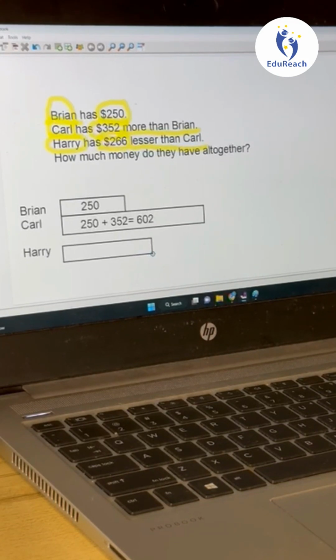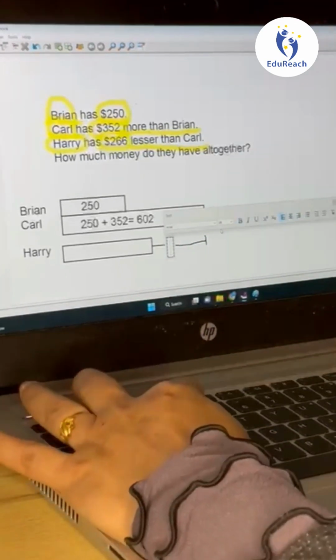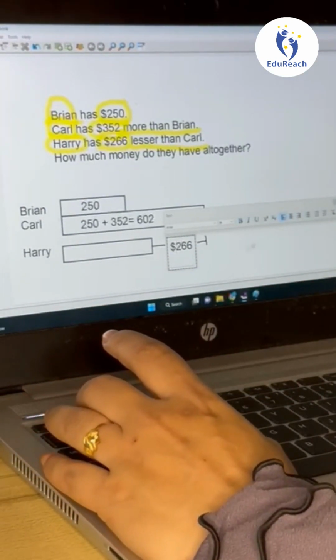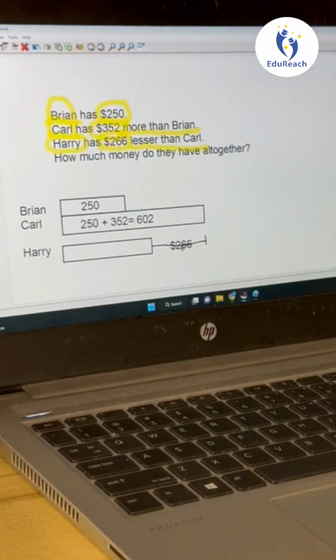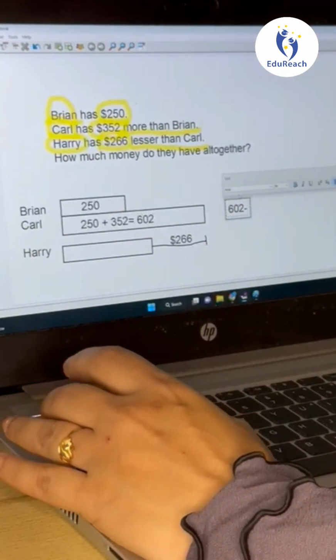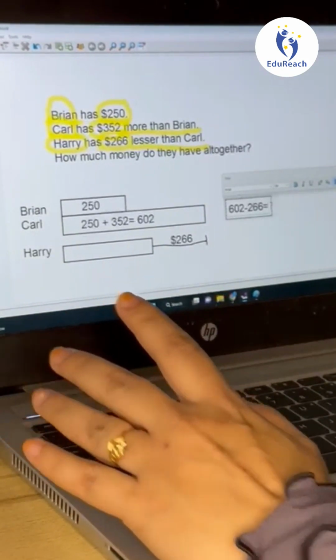So we know that this part, from here to here, is actually 266, right? Now how much is this part? Because we know this pattern already, it's 602 minus 266. So you will get the answer for Harry here.